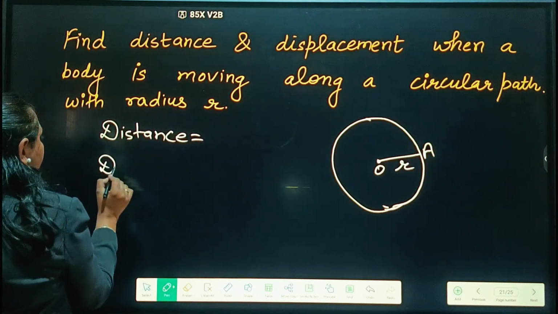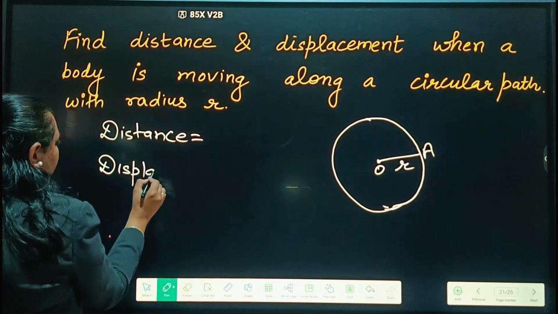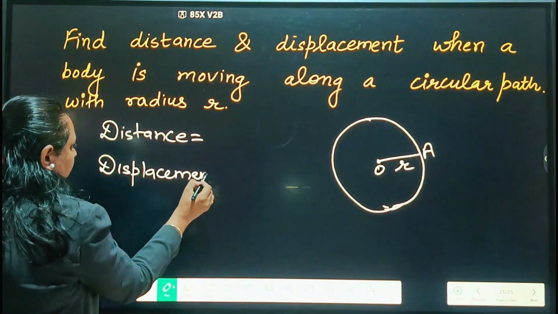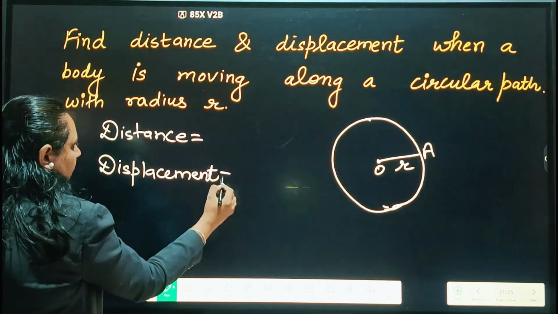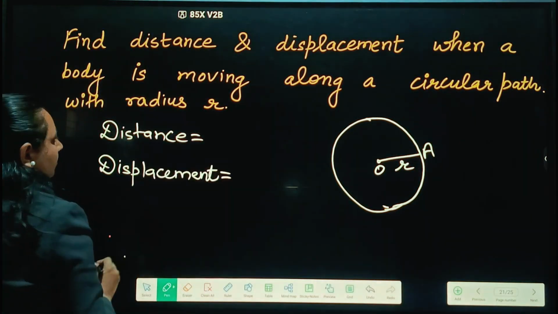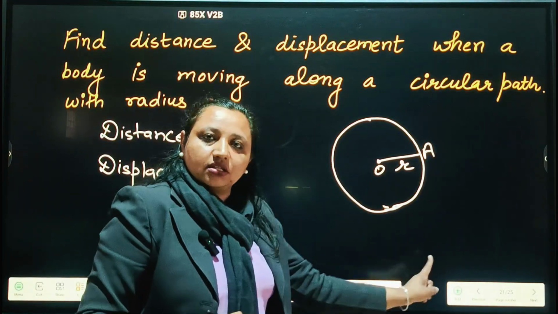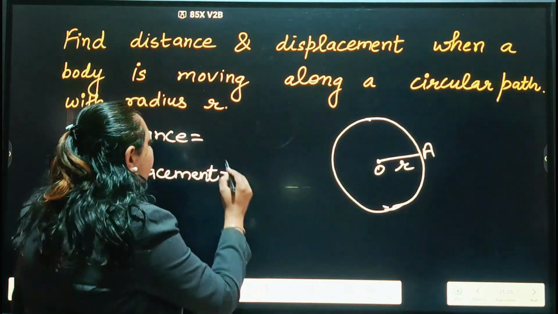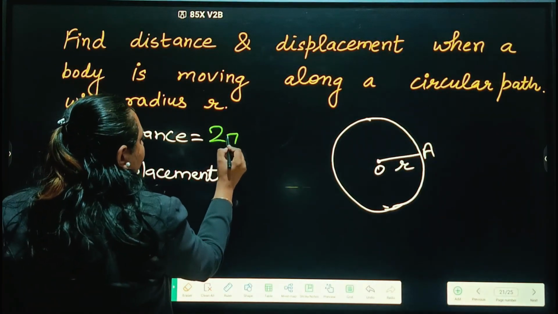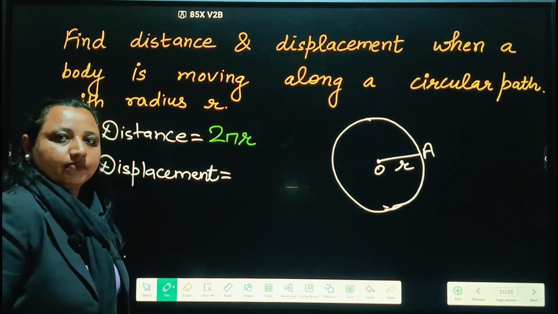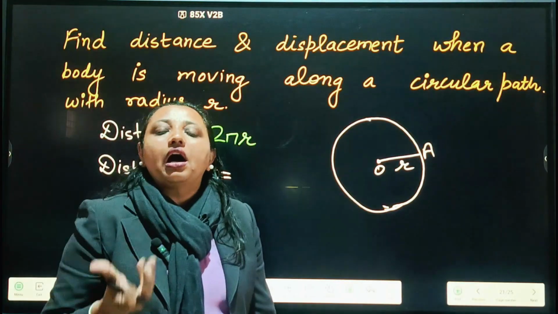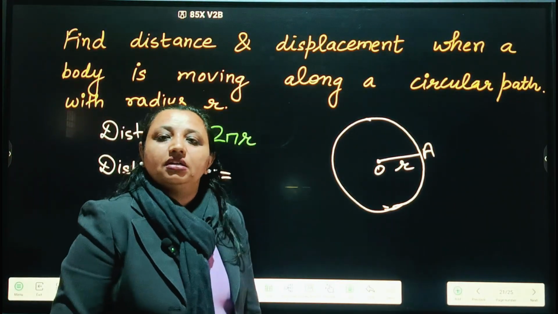Distance कैसे कवर कर रहा है? Through the circumference. So what is the circumference of the circle? It's 2 pi r. By taking the value of r and pi, we can find the distance.